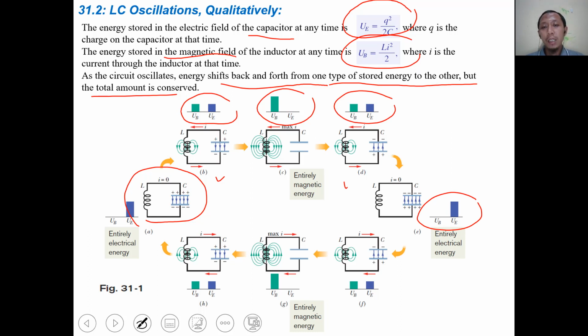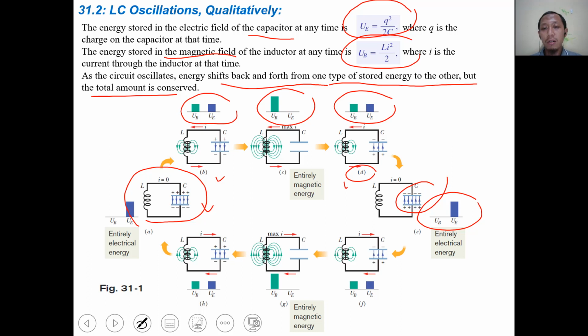You can see in this one that the current transfer is in the opposite direction, because in figure D the current flows counterclockwise from the inductor to the capacitor, so the positive and negative charge of the capacitor change compared to figure A, in the opposite direction.